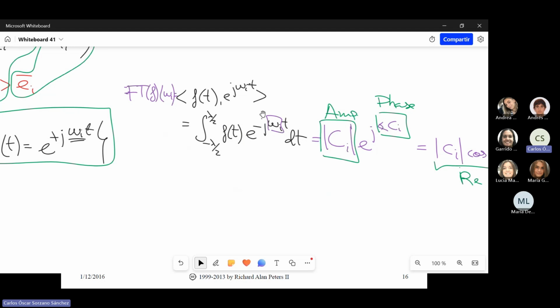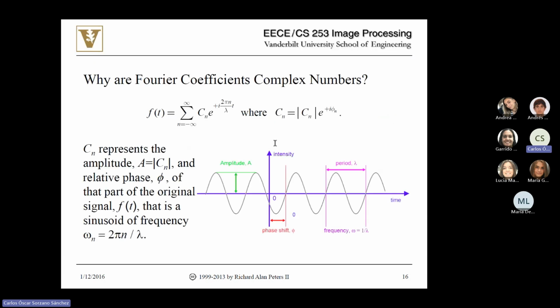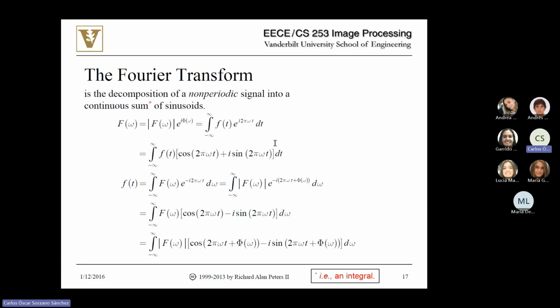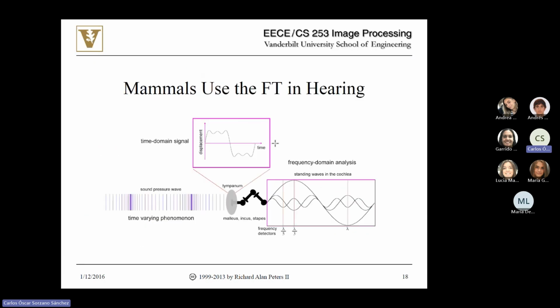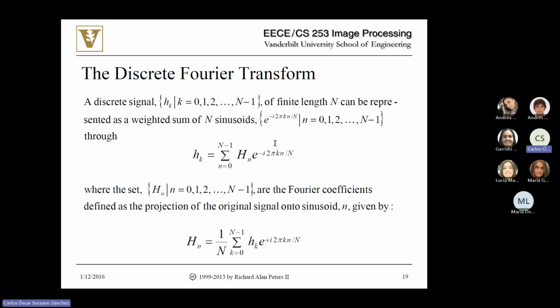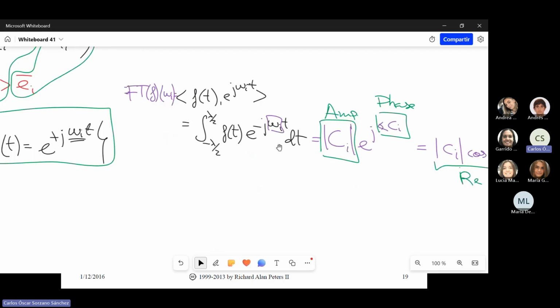So in general, this is a complex number, and then we are adding many of those. Then it is complex. So let's do that. So this is Fourier transform. We have defined so far.